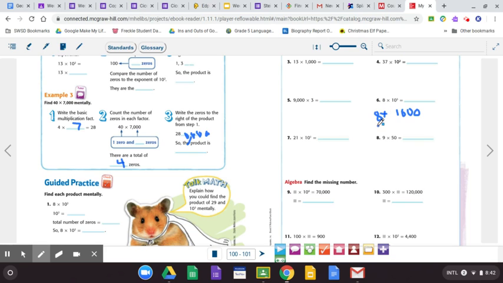The basic fact is 8 times 1, which would be 8, and then you add the 3 zeros at the end. So this answer would be 8,000, with the 3 zeros on the end. So number 8, the basic fact is 9 times 5. 9 times 5 is 45. Then how many total zeros do we have? We just have 1.